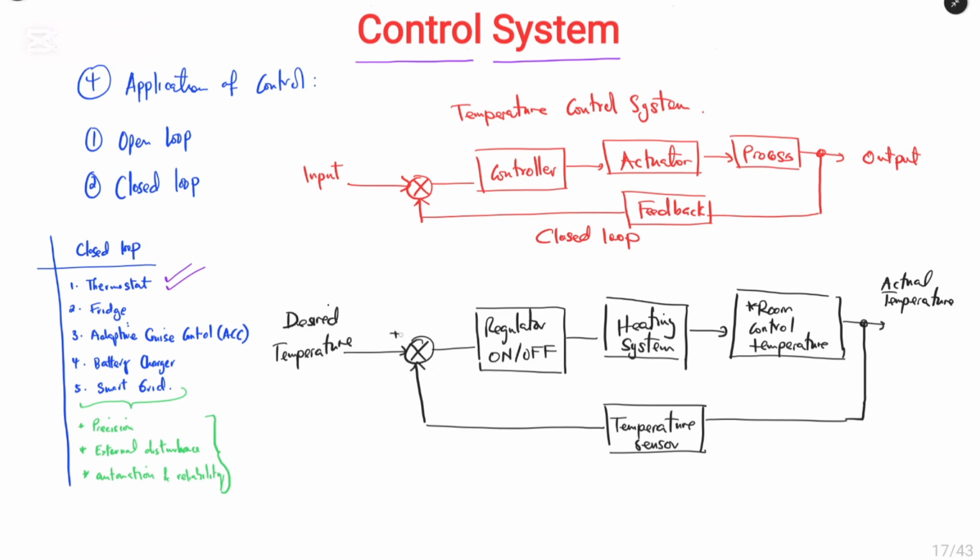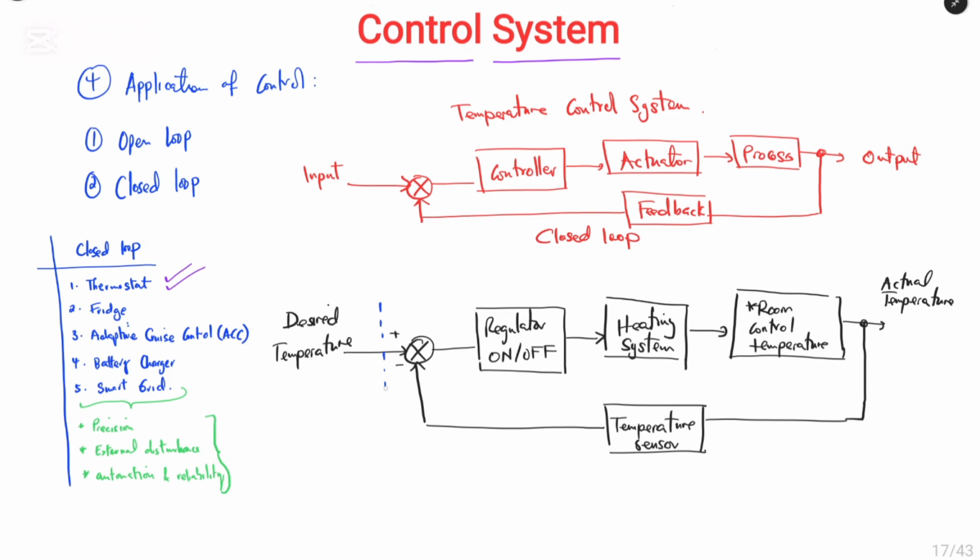and we can say plus or minus. Later I will explain the plus and minus, which means it is a negative feedback. And why do we have negative feedback and positive feedback in a closed loop system? I will explain later on in the video when we look at the transfer function of the closed loop system.